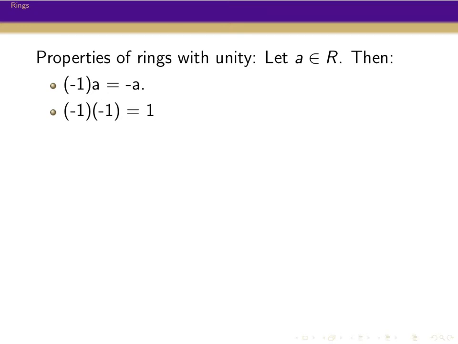Same as before, if you have minus 1 times minus 1, applying this directly, minus 1 times minus 1 is 1. So minus 1 is going to be its own multiplicative inverse.